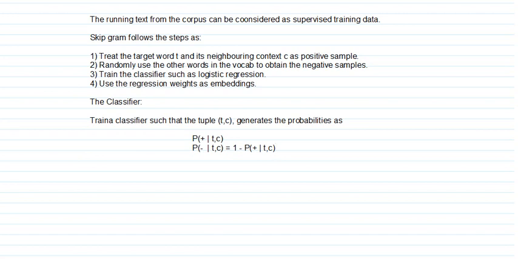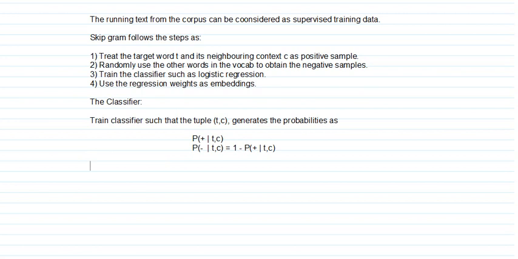Positive probability will be generated, but what will we use in place of T and C, because we require some kind of numerical values in place of T and C to use it in these probabilities, or some kind of categorical or real values. So what we need to do is that we need to actually replace this tuple with its similarity score. So this classifier would compute the probability not by using the tuple but using the similarity score.